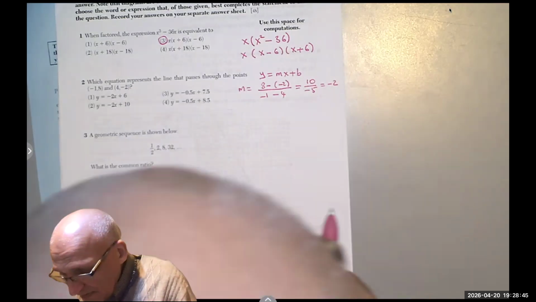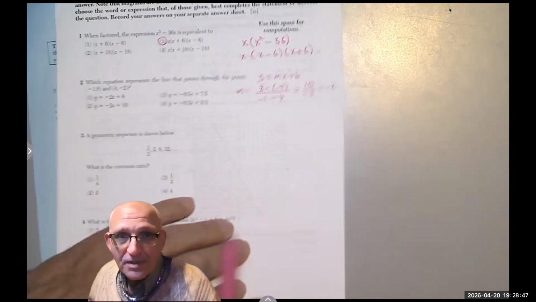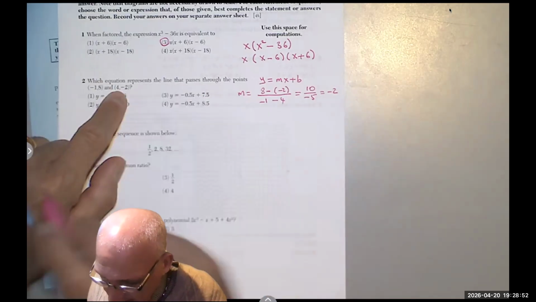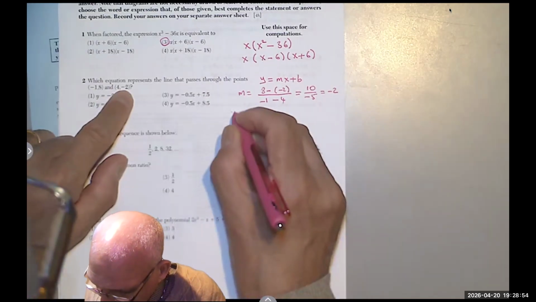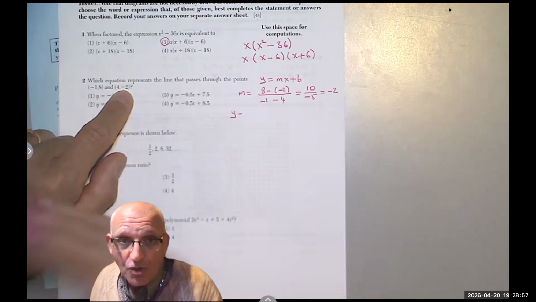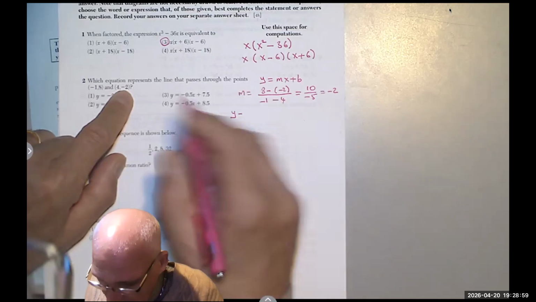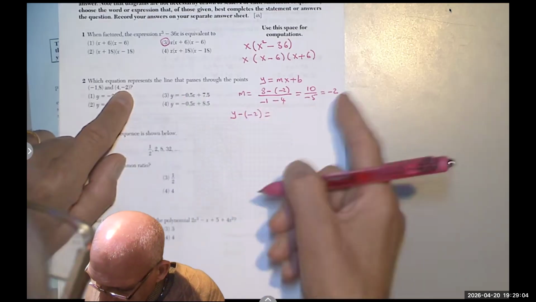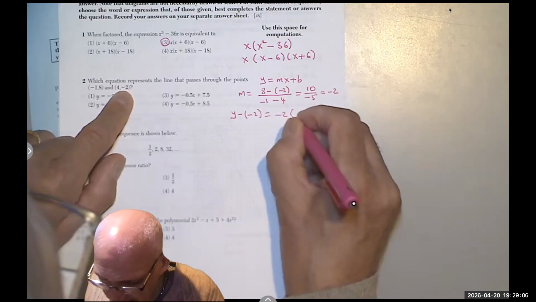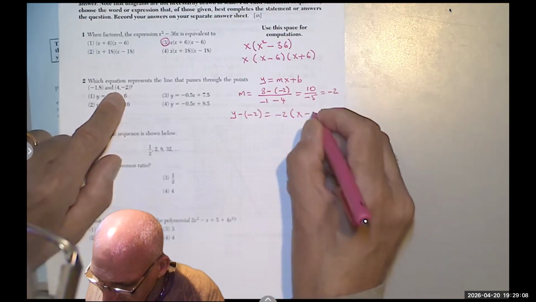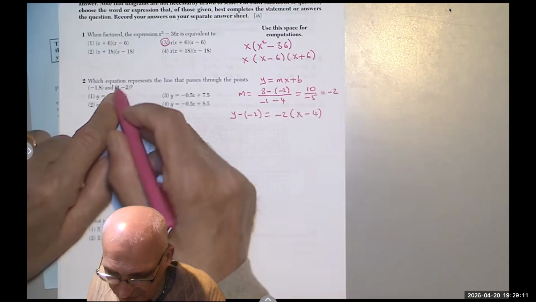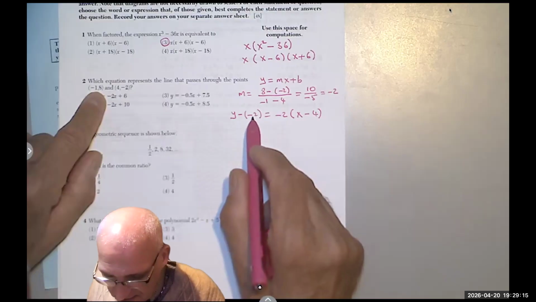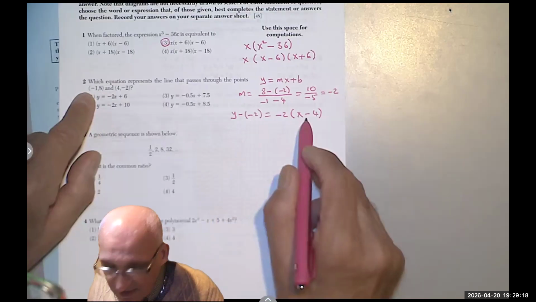Since we already know the slope, we can pick any of these points. Let's say I pick the second point. I can use the point-slope equation: y minus y0, which is -2, equals m, which is -2, times x minus x0. If I use this point, I have to use the corresponding x. If I had said 8 here, y minus 8, I would have used x minus -1.